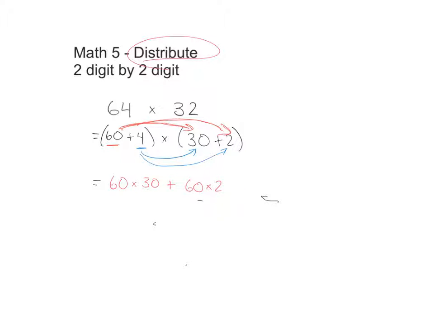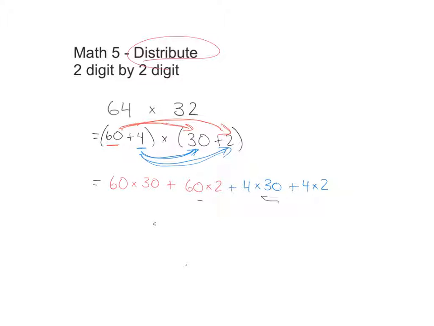Now I'm going to move to the blue ones because we've taken care of both multiplications for the 60. So now let's do the 4. I've got 4 times 30, so I'm going to add 4 times 30. Now I've got one more, 4 times 2. So I did all the possible multiplication, and I just add them all up.